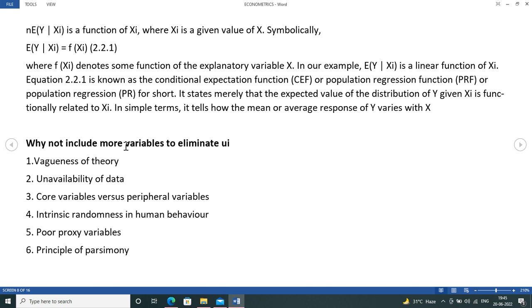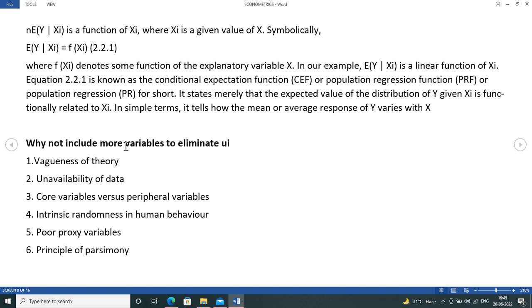The first one is the vagueness of theory. If you include more variables, there will be vagueness of theory, and there will be no proper theory, because you can't establish a theory which includes every factor which influences consumption, for example. There is also the issue of the availability of data. You can't get data for everything, and you can't consider peripheral variables which have very low influence upon the dependent variable.